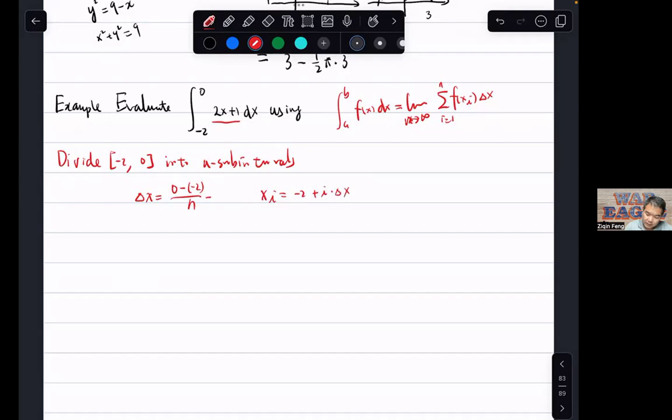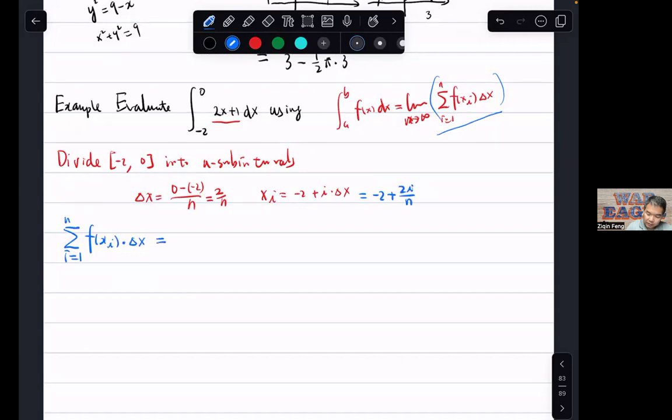Let's plug the information in to simplify the Riemann sum first: the summation i from 1 to n of f of xi times delta x, where delta x is 2 over n and xi is -2 plus 2i over n.